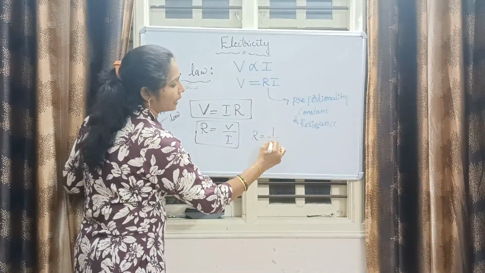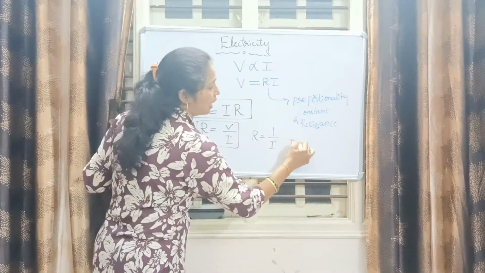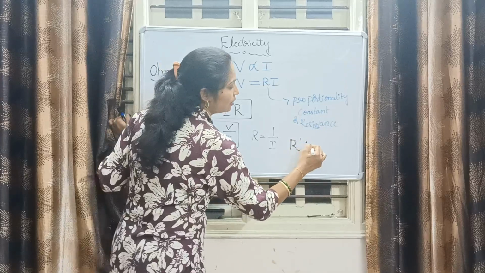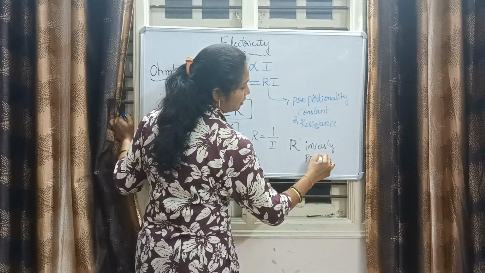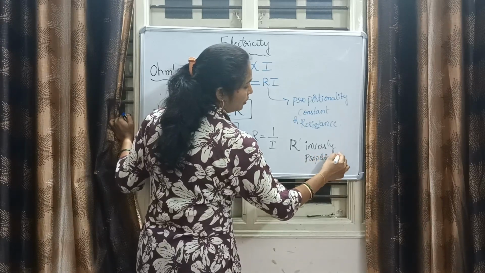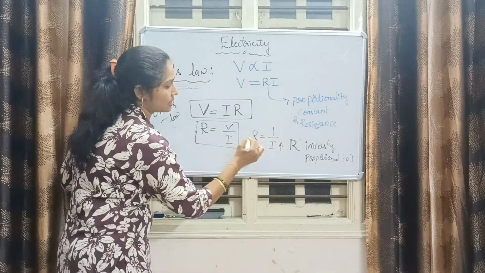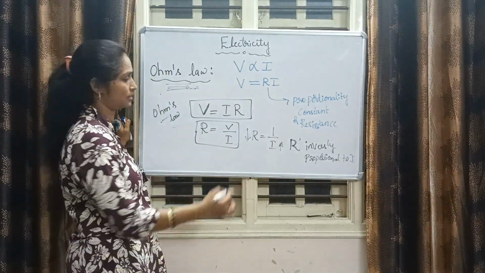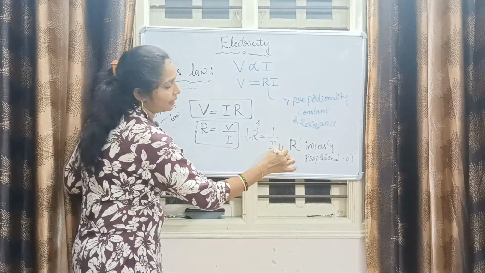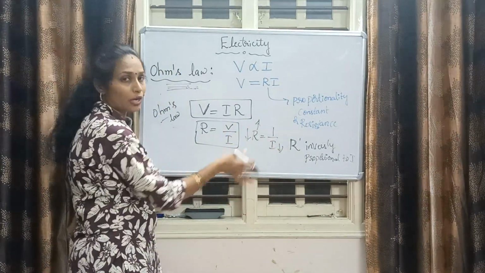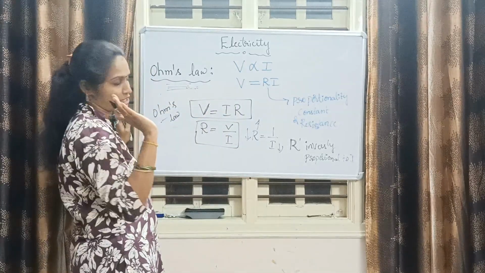R is equal to 1 by I, and this R is inversely proportional to I. Whenever I increases, R will decrease. Whenever R increases, I will decrease. So this is called inverse proportion. But V and I are directly proportional to each other.